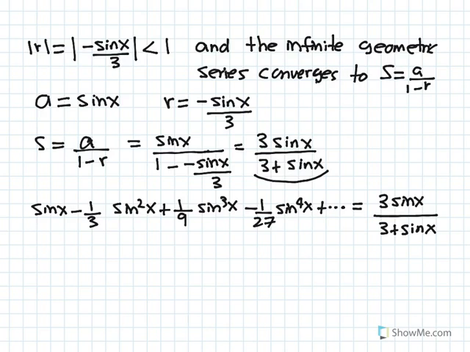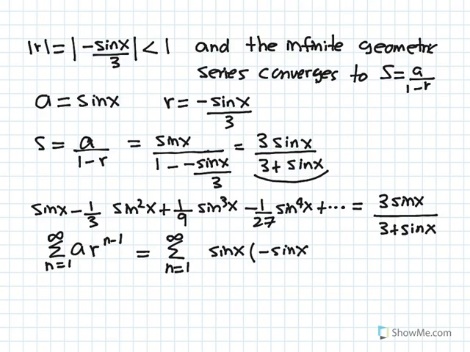Now we should always be able to write the compact summation form for a geometric series because we have the summation of a r to the n minus 1. This describes the pattern of a geometric series. So we have the summation from n equals 1 to infinity, a is equal to sine x, r is equal to minus sine x divided by 3, to the power of n minus 1.